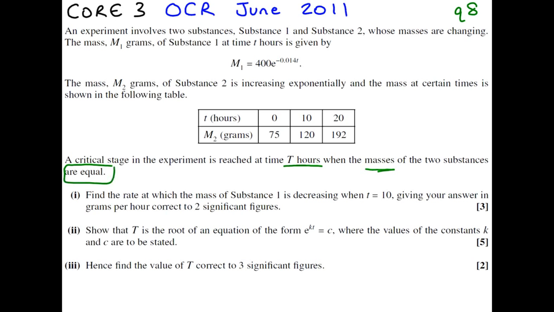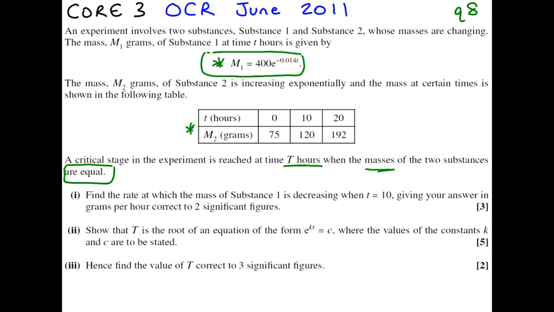So let's go back, looking at our keywords again. This is M1 and this is M2. So, looking at our question, find the rate at which the mass of substance 1 is decreasing when t equals 10. Give your answer in grams per hour, correct to two significant figures. So, this is a case of using the formula that we're given for substance 1, finding the rate of change.